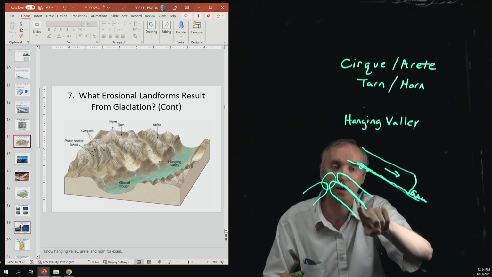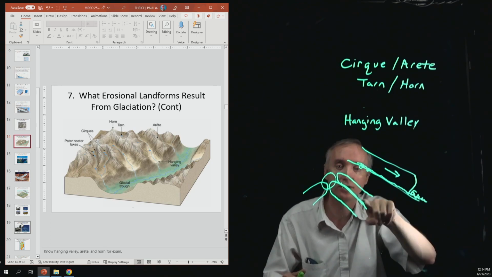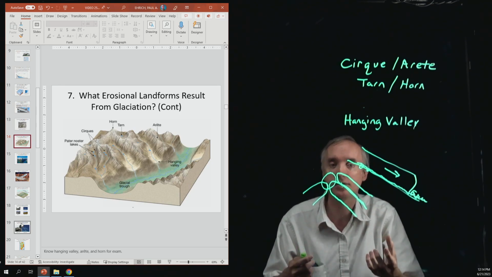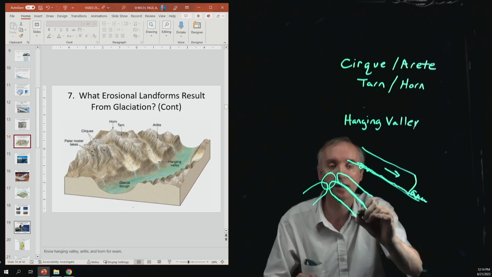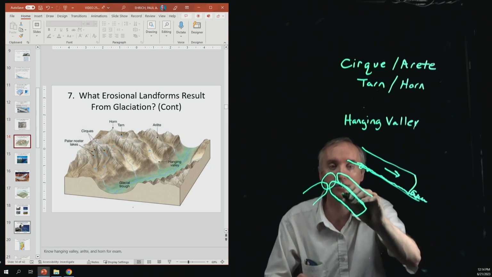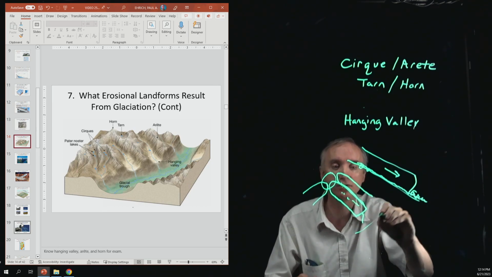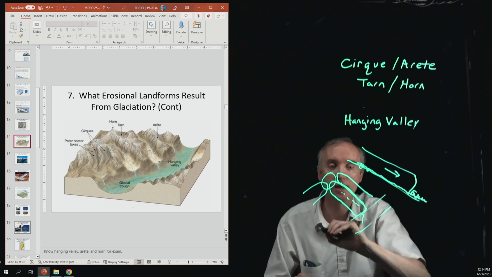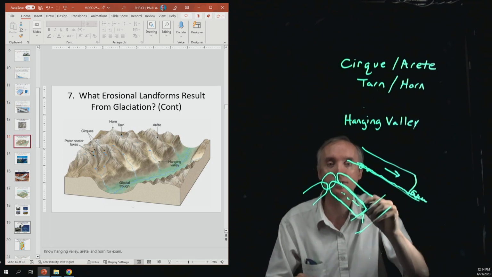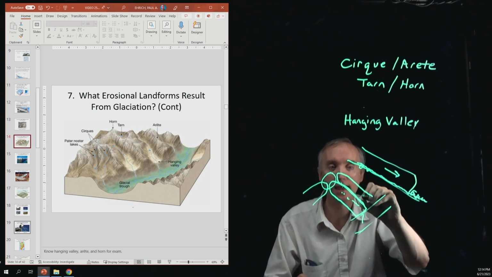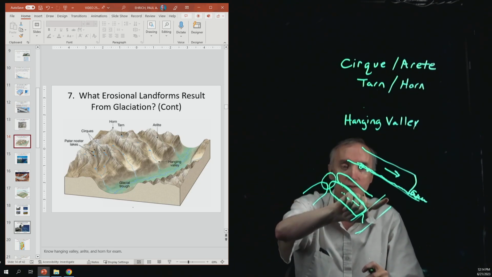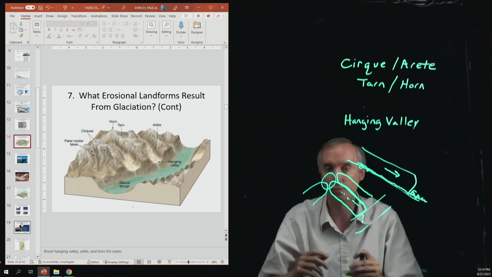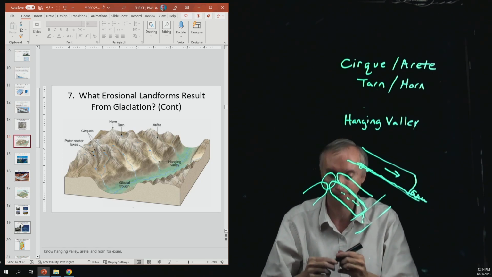And then with these other glaciers, once all of the ice is gone, you can see that it forms a kind of cliff, and then there's a river that makes a waterfall that then goes into the main channel, which is down here. And so these form hanging valleys, because these valleys are going to be above this main valley down here where the main glacier was located.